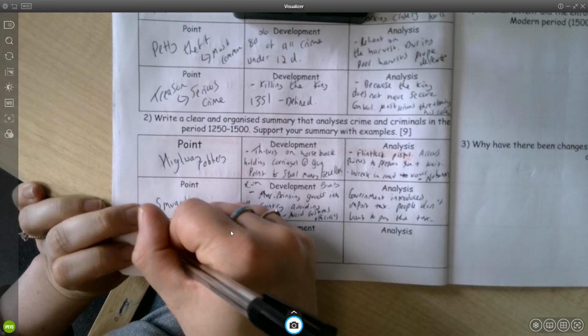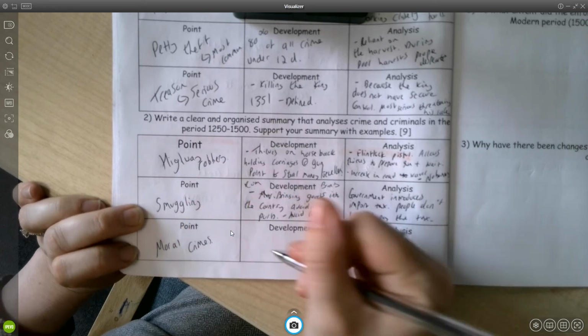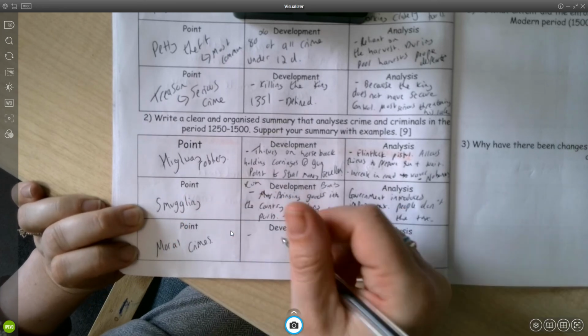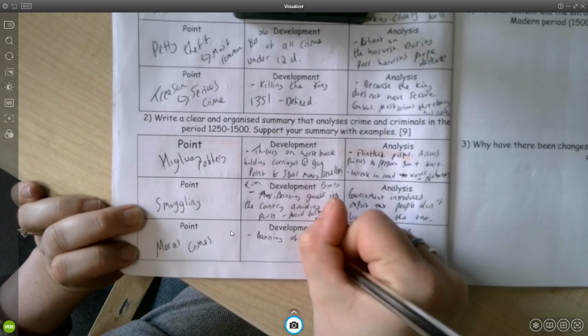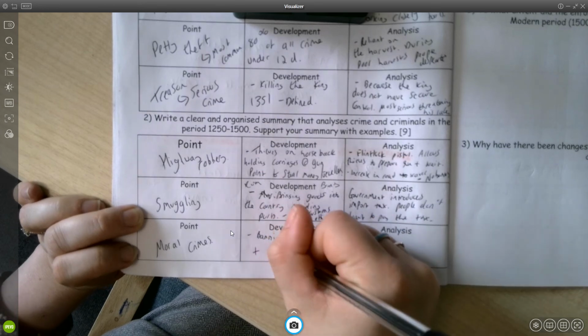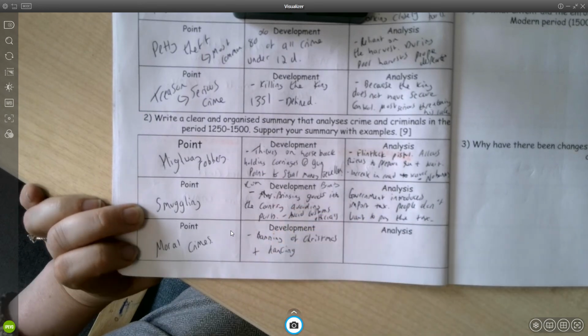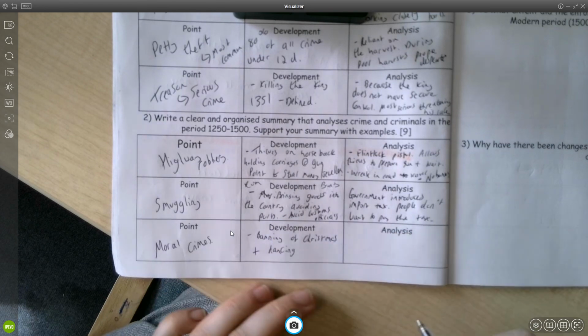Final one we'll do. Let's do moral crimes. These are new crimes, such as the banning of Christmas and dancing. Don't mix them up with the moral crimes from the medieval period, like shaving your beard on a Sunday. These are the ones linked to the Puritans.